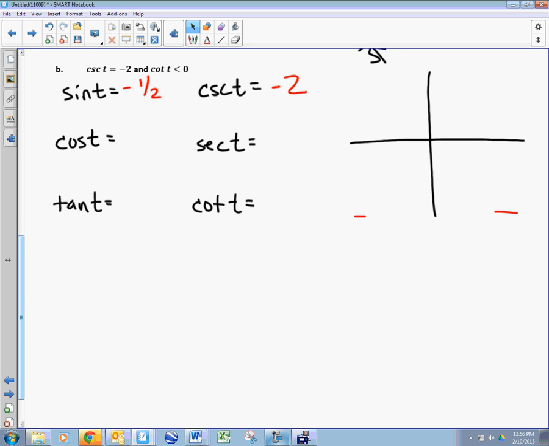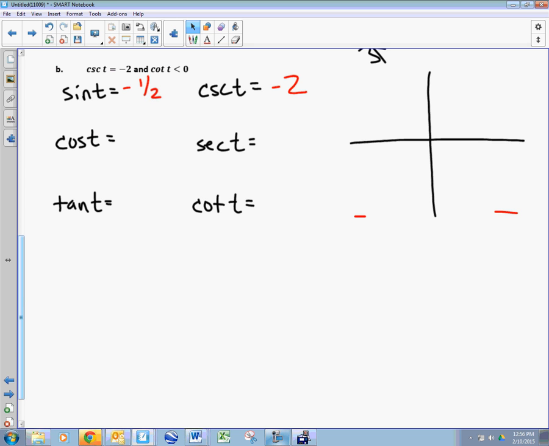Gabe, you got a thought? You said it was which quadrant? It's actually in the 4th. Okay? You're thinking the right way, but some mistake happened there. So here's the idea. Cotangent is less than 0, right?